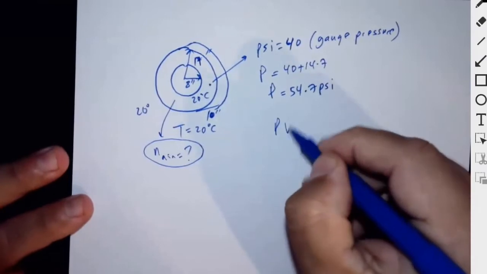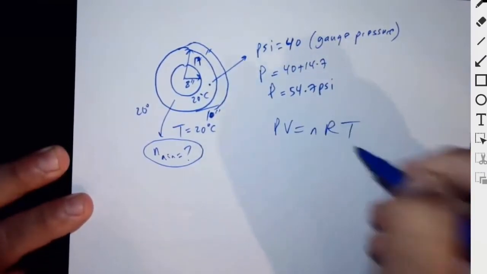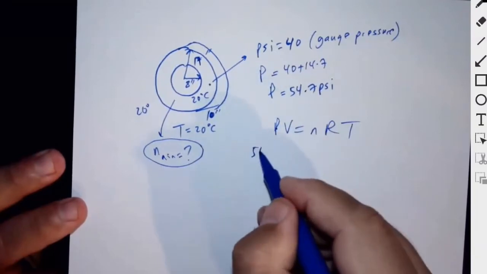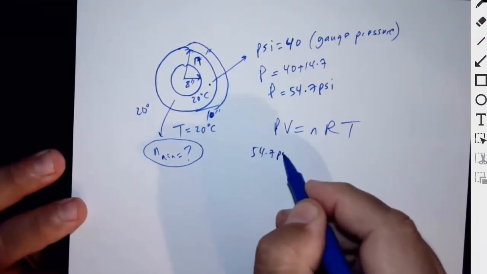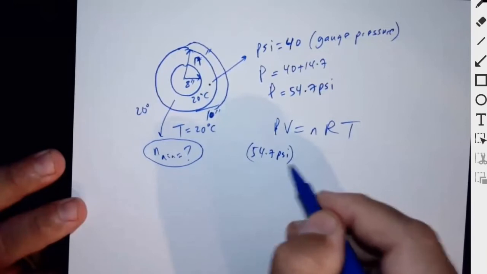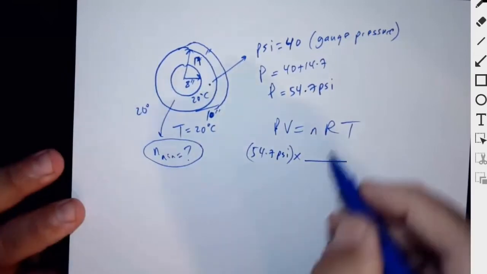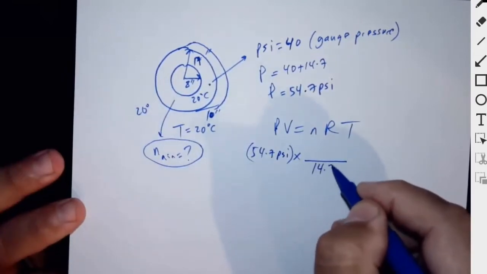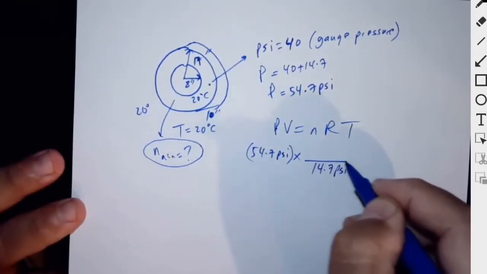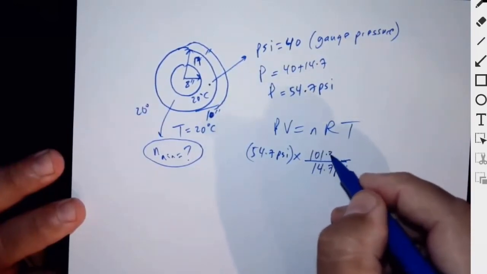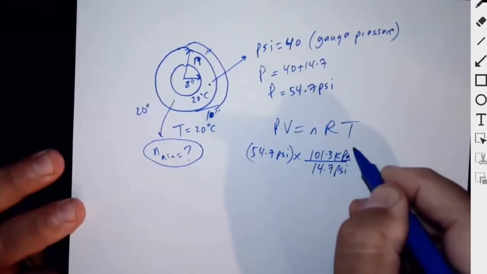So we're just going to do PV = nRT, right? We know this is 54.7 psi. So how can I convert that to cubic meters? I'm going to say 14.7 psi is 101.3 kilopascals.